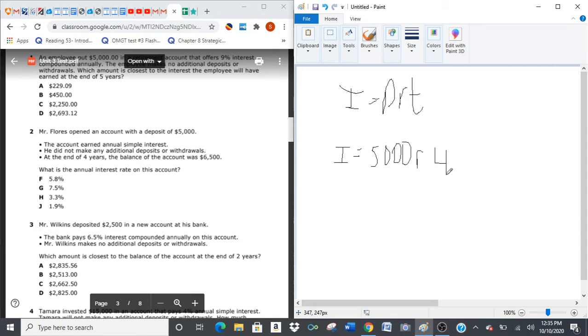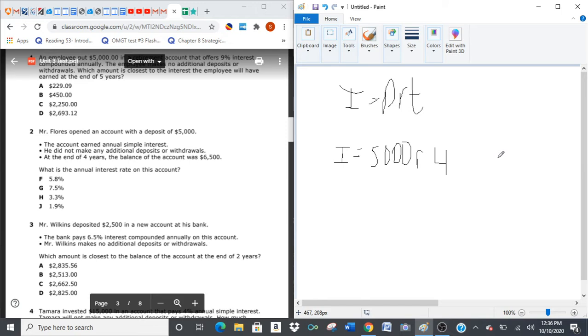So what we need to do is, and remember, the interest cannot be bigger than the principal. And with it being 6,500, that's bigger than the principal. So it said this was the balance. To find the balance, you do principal plus interest.